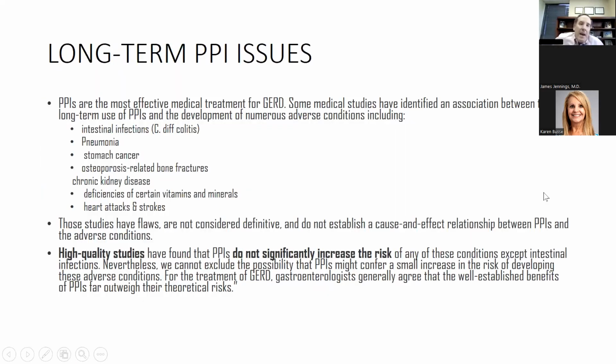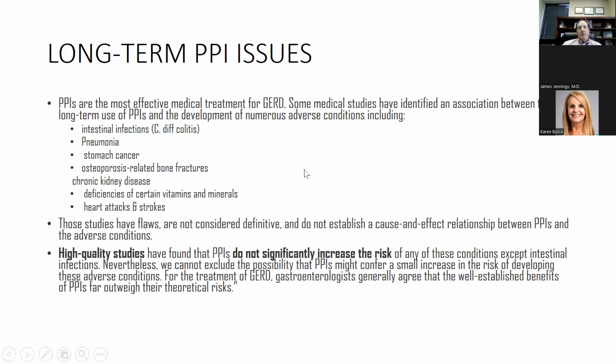I don't want to try to read my slides to you, but these are statements from the American College of Gastroenterology that came out with a position paper on the diagnosis and management of reflux disease this year.